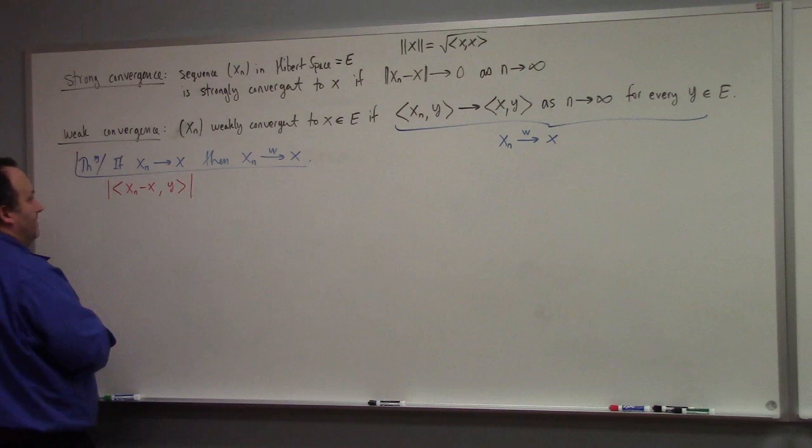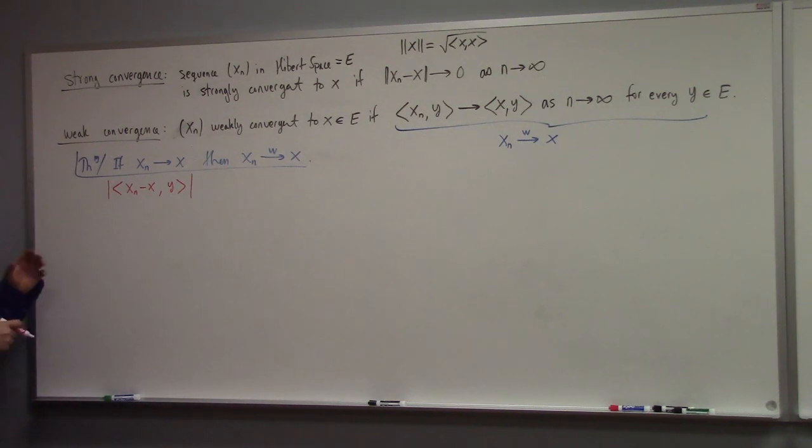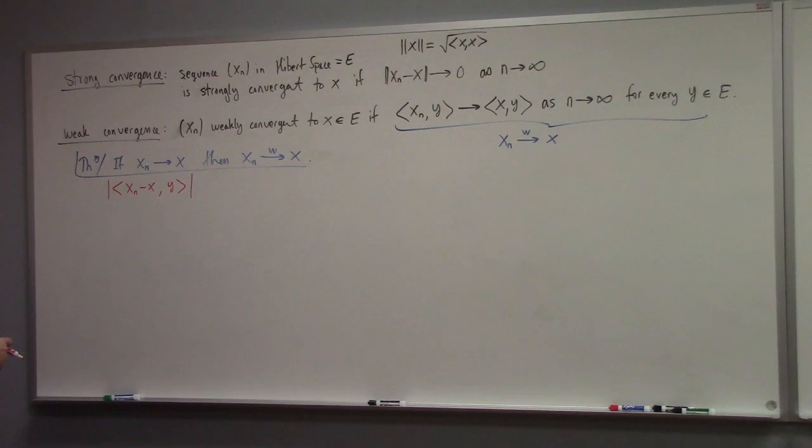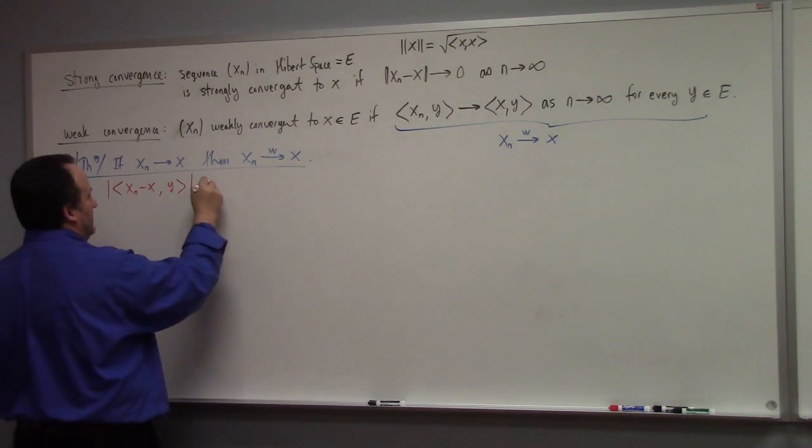We'd like to get control over that. I think that would be pretty much what we need. Well, anyway, that's going to have something to do with what we're interested in for sure. What does the Cauchy-Schwarz inequality say? This is less than or equal to what?